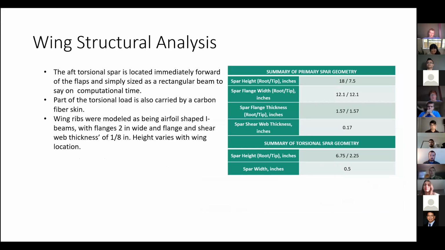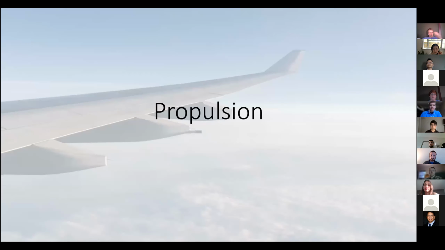And here we have a description of the spar. It's important to note that part of the torsional load is also going to be carried by a carbon fiber skin, so this wing is going to be really strong in torsion. Additionally, wing ribs are modeled as airfoil-shaped I-beams with flanges 2 inches wide and a shear web of 1/8 inch.